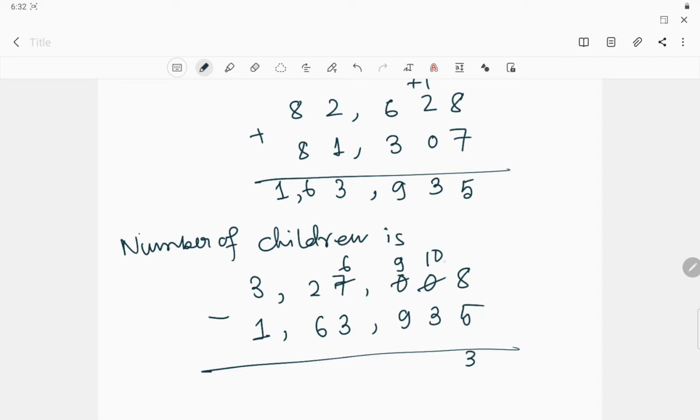And it will be 6. So 10 minus 3 is 7, 9 minus 9 is 0, and 6 minus 3 is 3, it will be 12 and it will be 2. This is 2, and because 12 minus 6 is 6, so 2 minus 1 is 1, so 1,63,073. So the number of children in the town is 1,63,073, right? This is our answer.